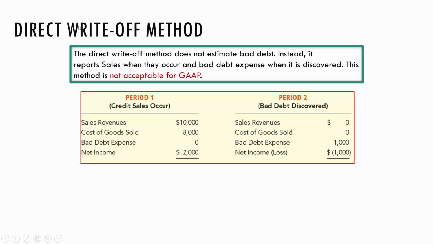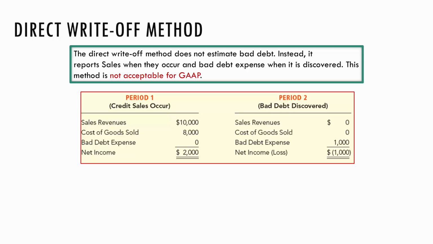So you can get away with the direct write-off method if you don't have very much in accounts receivable, or if your bad debt amounts are going to be very, very small. And that's called immaterial. If bad debt expense is an immaterial amount, you can get away with it.